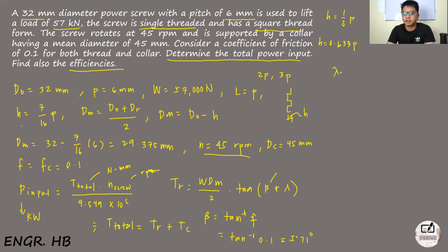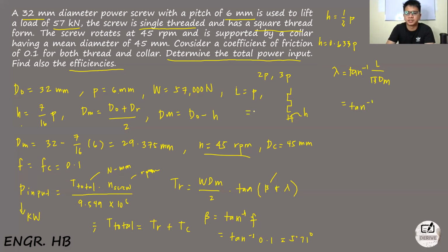So we all know that the lambda is the arctan of L divided by pi dm. So meron na ba tayong lahat niyan? Naglalag na, no? So sobrang dami yung sinusulat natin. So the arctan of, what is your lead?